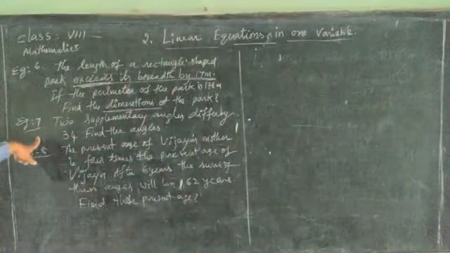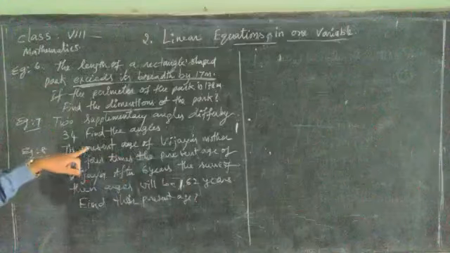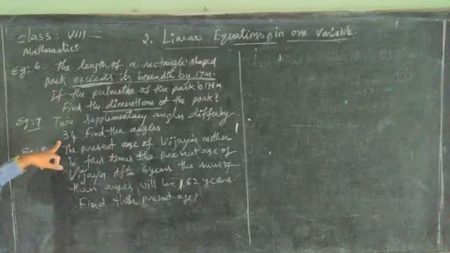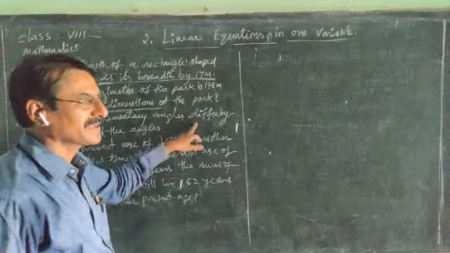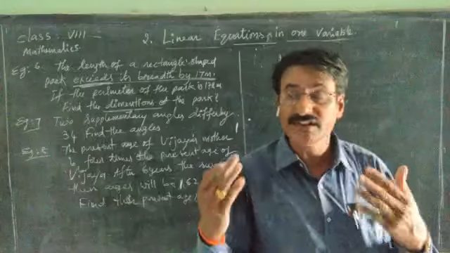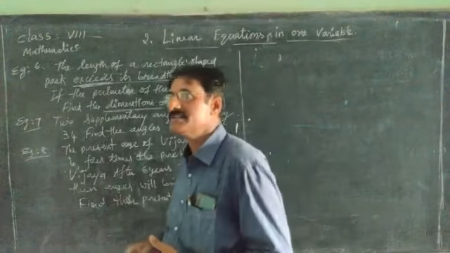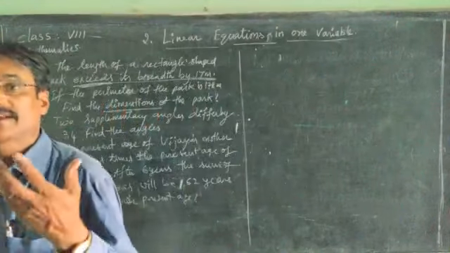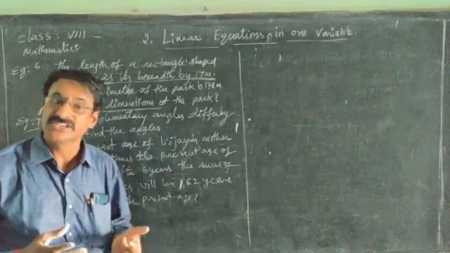See another example. Two supplementary angles differ by 34. Find the angles. Differ is nothing but the difference between them. Supplementary means if the sum of two angles is 180 degrees, then they are called supplementary angles to each other.